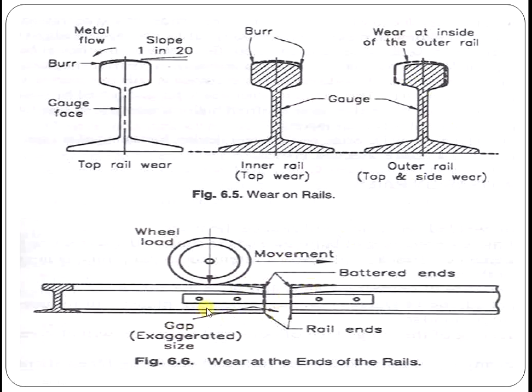Here you see that when the two rails are connected, wearing of the rail is created.